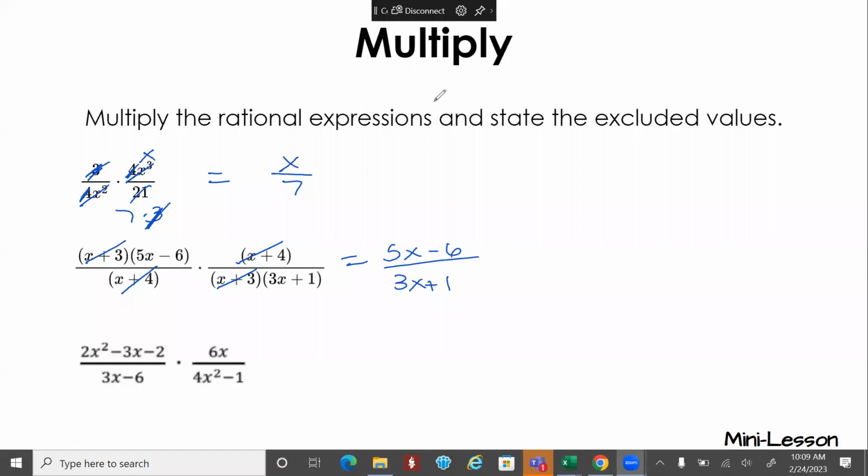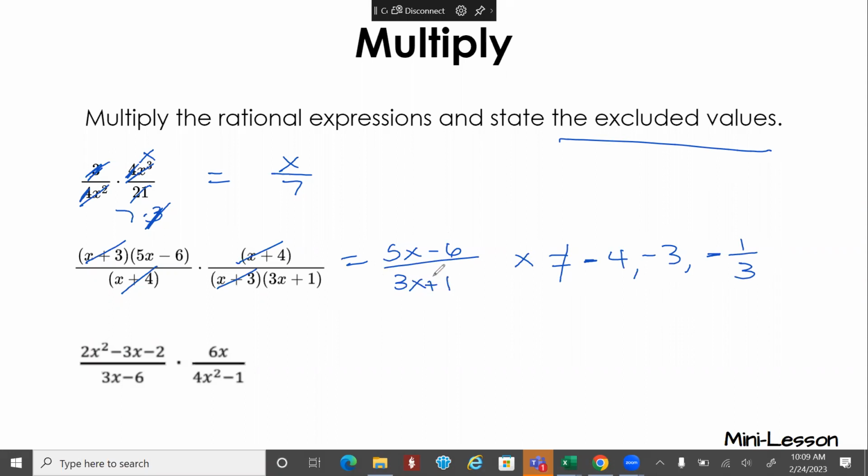Okay, the one thing that we haven't done though is we have not stated the excluded values. Okay, so on here, anything that we canceled out, we've got to say, hey, it can't equal that. So it can't equal -4, it can't equal -3, and it cannot equal this 3x plus 1. And if we solve that, that's going to give us -1/3.